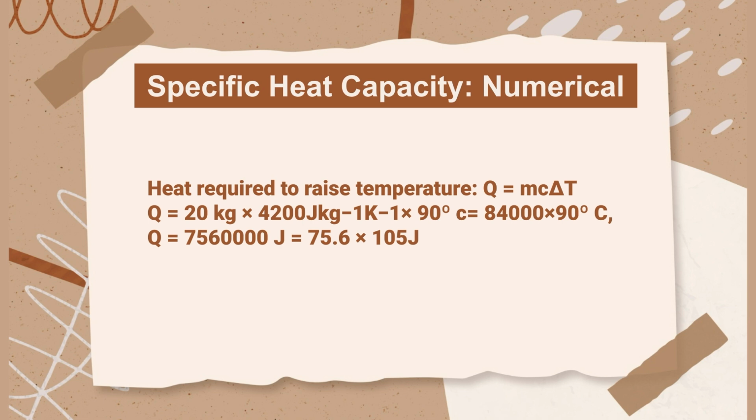So basically we will get about 75,60,000 joules, which is equal to 75.6 into 10 raised to the power 5 joules, would be the heat required. So now you are able to calculate yourself how much heat is required for raising the temperature from 10 degrees to 100 degree of water.